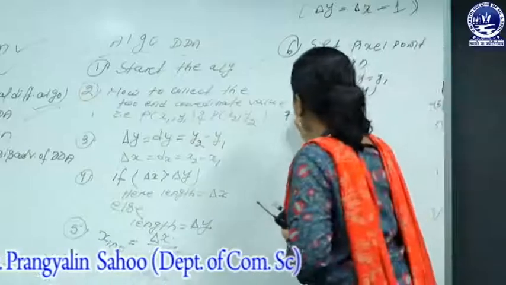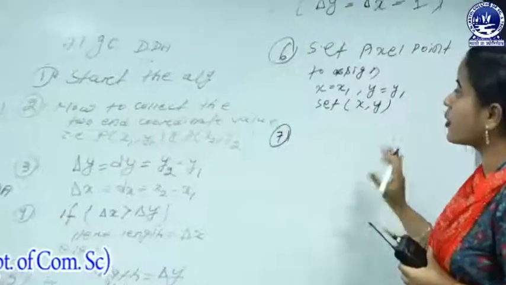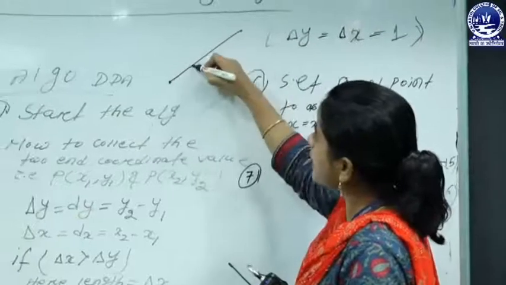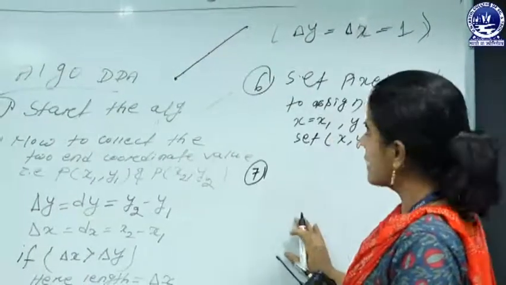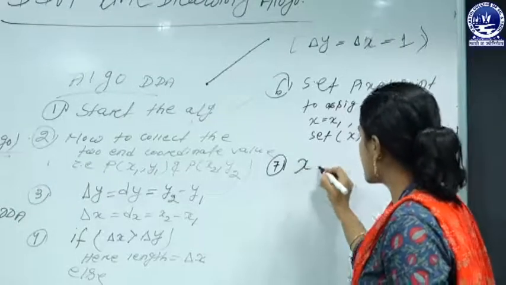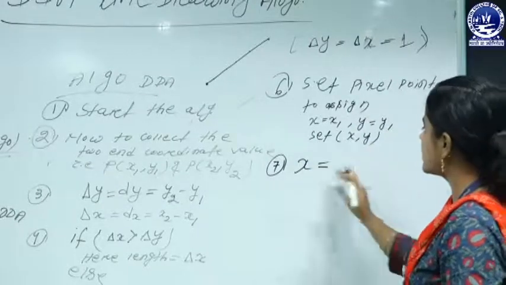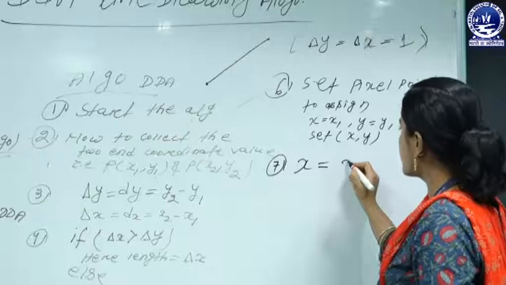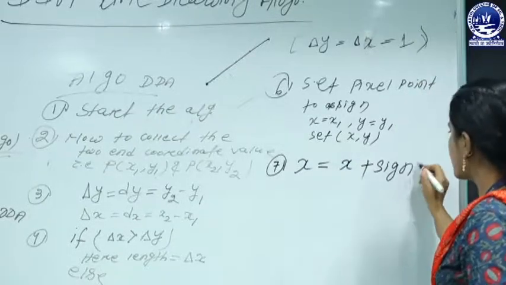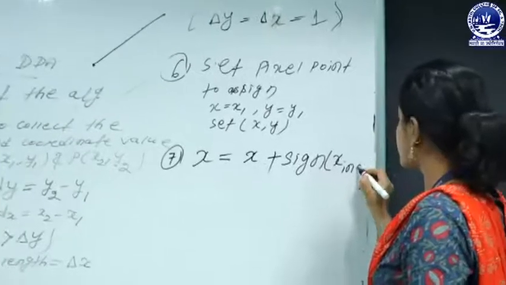After that, now to generate the multiple intermediate pixel points between the two end coordinate points using this given formula. So, what is this? Here the next intermediate coordinate is calculated as x equal to your previous x coordinate value plus sign of x incremental value.